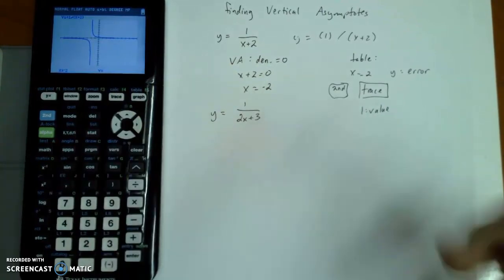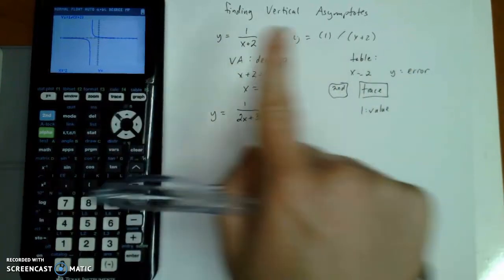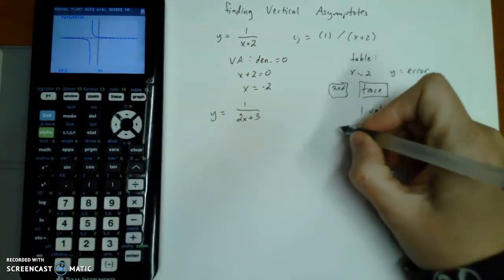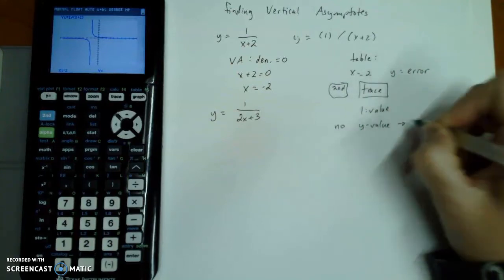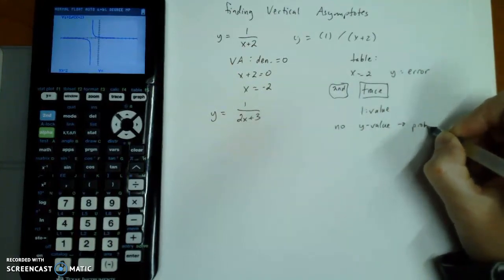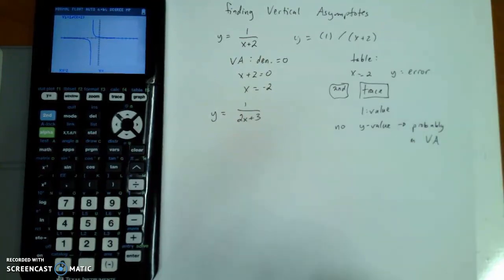It's blank. This is, once again, I'm going to interpret this as an error. So if there's no y value, that means this is probably a vertical asymptote. If it's a rational function, it is almost certainly going to be a vertical asymptote.